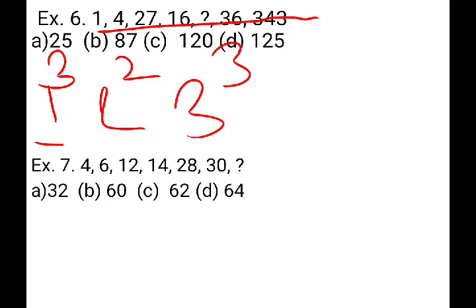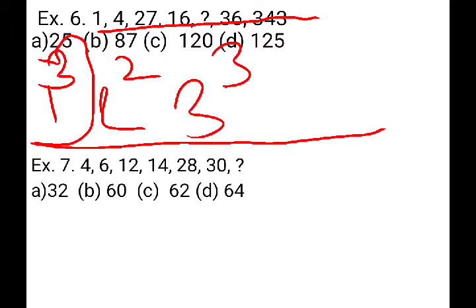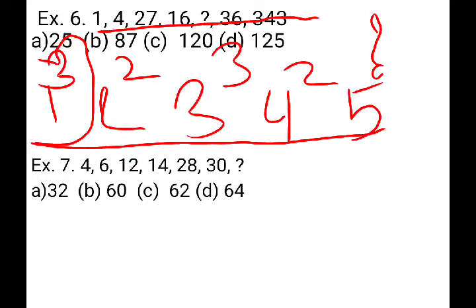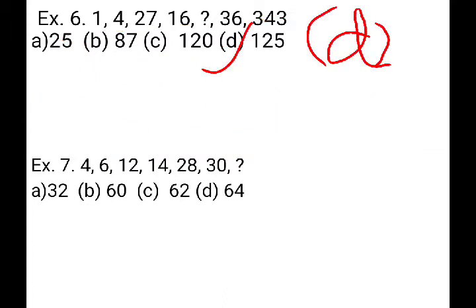So for every odd number it's the cube, and for every even number it's the square. Positions 1, 2, 3, 4, 5, 6 continue. 16 is 4 square, and here the question mark represents 5 cube. Now 5 cube is 125. Option D. This is very easy.